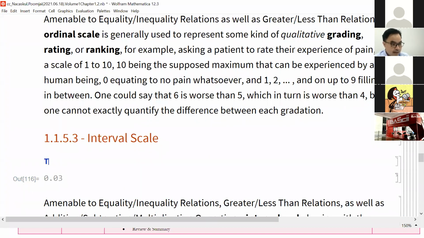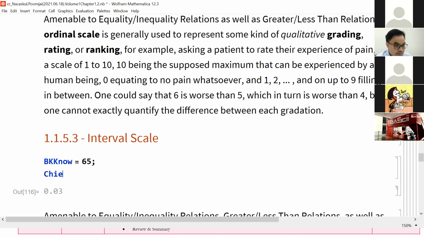Thailand, Bangkok is now 60. I'm just making up some degrees. Chiang Mai now is 63.